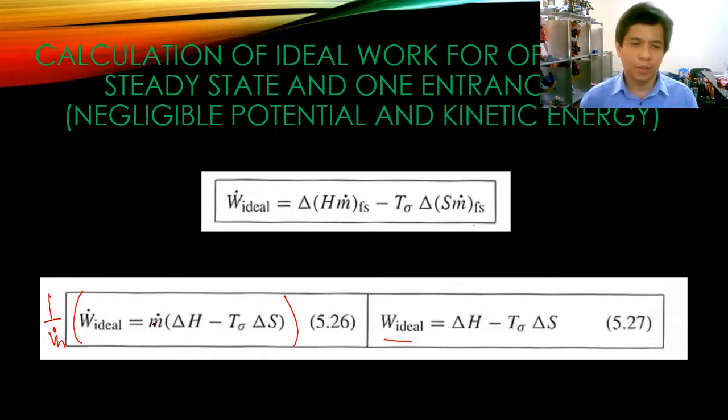And then we cancel out this m dot on the right side of the equation, and we have delta H minus T surrounding times delta S. So equation 5.27 is the equation that we're going to use to calculate W ideal.